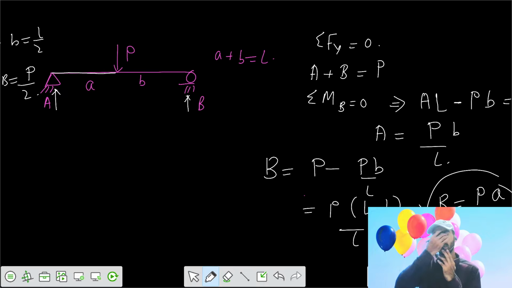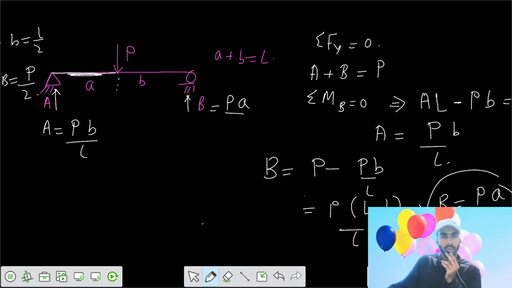For the short way, for reaction A, it would be P into the distance on the opposite side, that is B, upon total L, and for B, P into the opposite side distance A, by L.